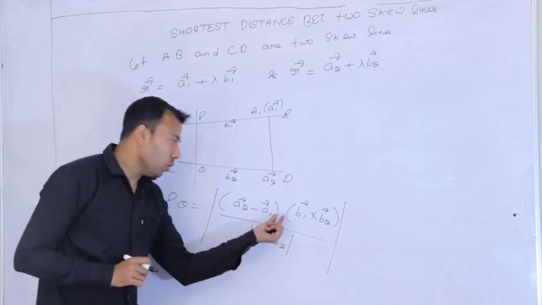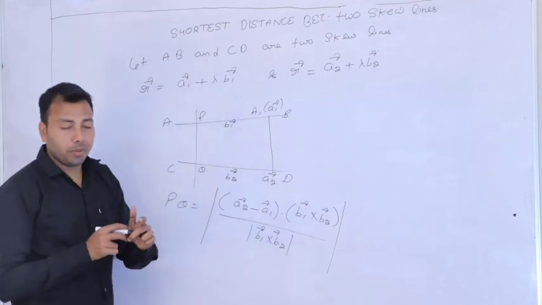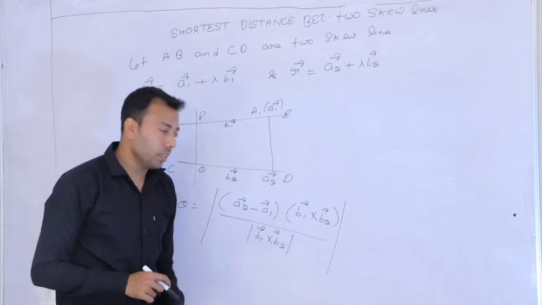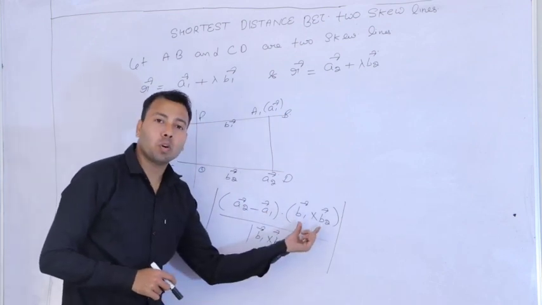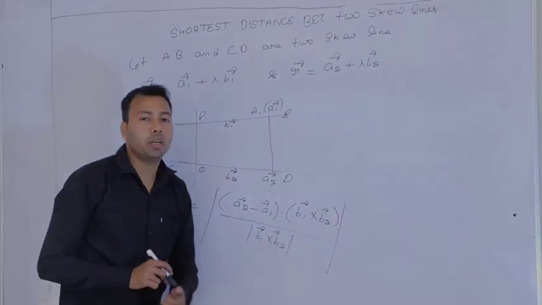Now, what is the dot product? Dot product between the same vector is 1. How to find the cross product between b1 and b2?